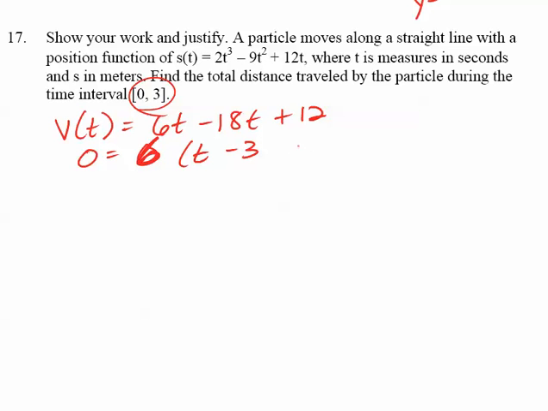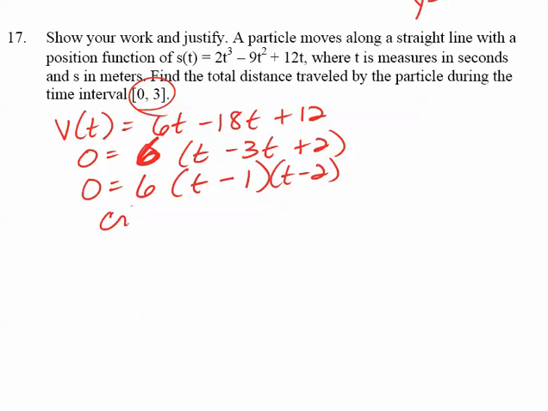I'm factoring a 6. So a t minus 1 and a t minus 2. So the velocity is equal to 0. Our critical numbers, when it is stopped, would be at 1 second and at 2 seconds.